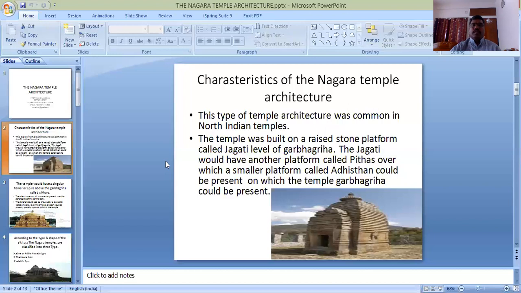The temple was built on a raised stone platform called Jagati, at the level of the garbhagriha. The Jagati would have another platform called Pithas, over which a smaller platform called Adhisthan could be present, on which the temple garbhagriha could be present.